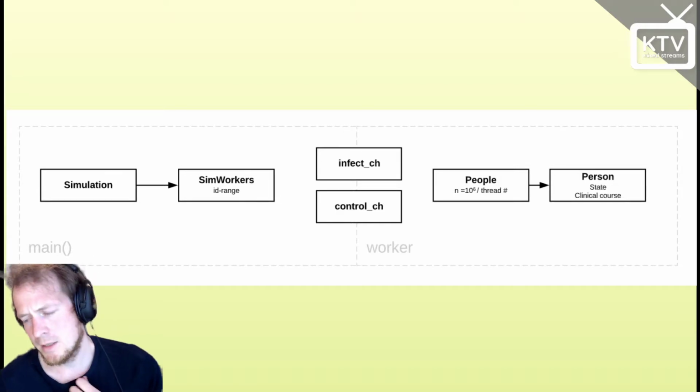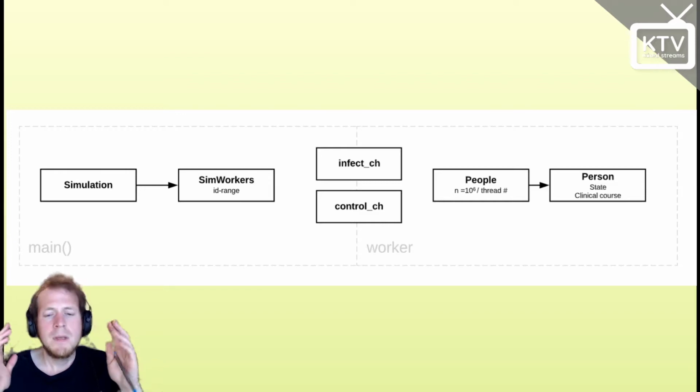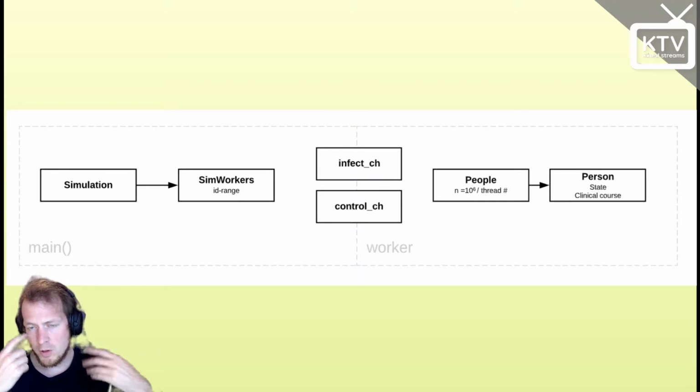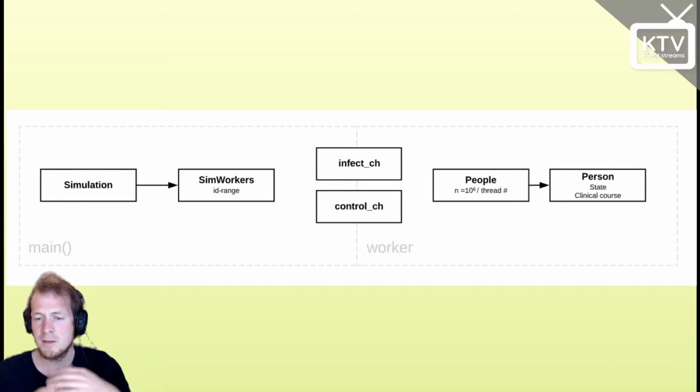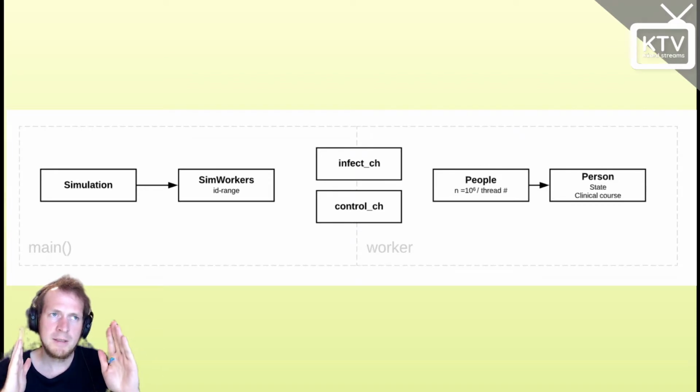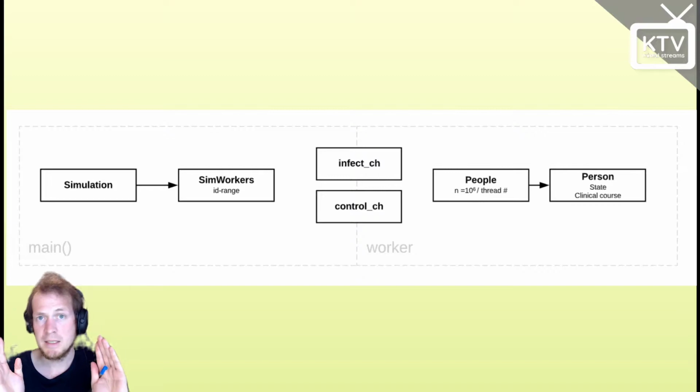So basically, here's the thing: if you're on day 100 of the simulation and you want to pass information through channels to other workers about who got infected, then you have to make sure that those other workers are also on day 100. So they cannot fully run the simulation independently, at least not in the current paradigm. That means you need to synchronize the threads at the beginning and at the end of the days.